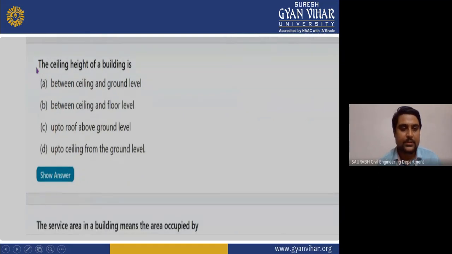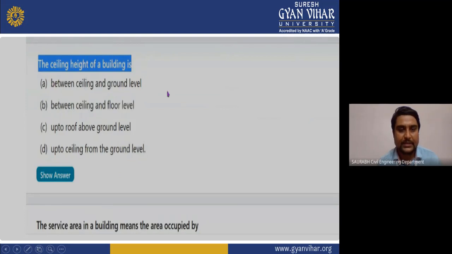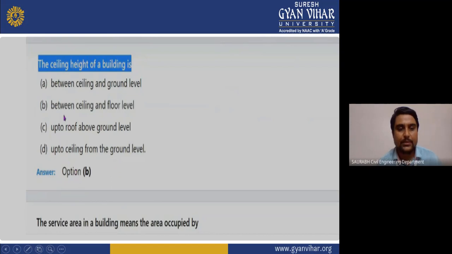Come on the next question. The ceiling height of a building is measured between ceiling and ground level, between ceiling and floor level, up to roof above ground level, or up to ceiling from the ground level. Here the right answer will be B, between ceiling and floor level. That will be your right answer.